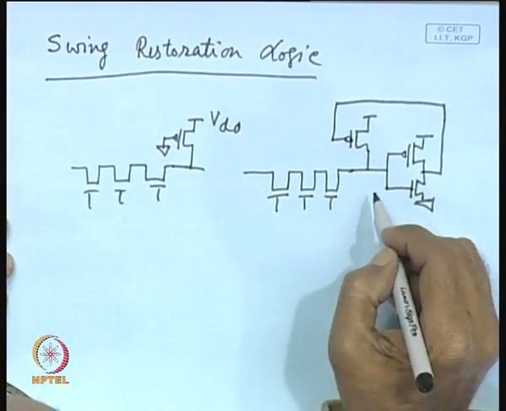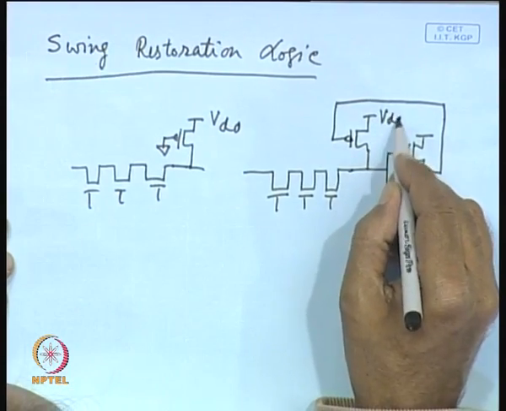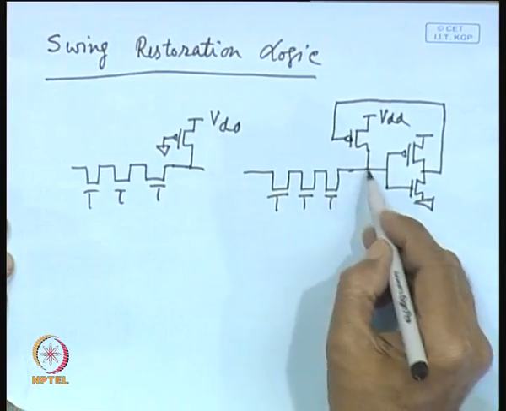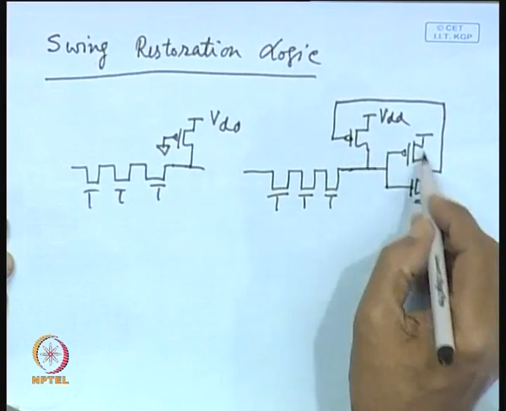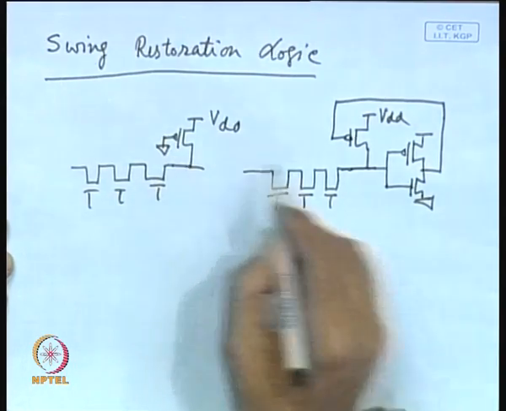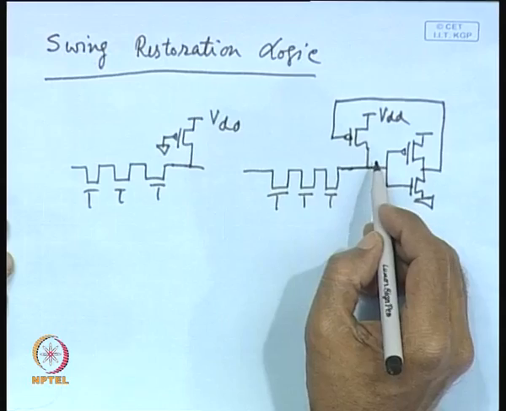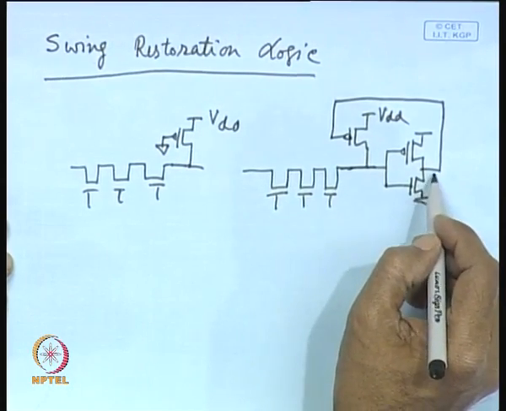So, what will happen? Even if this inverter gets a high level voltage, this is VDD, this weak PMOS will pull the output to the high VDD level. So, this kind of swing restoration logic, either a single weak PMOS transistor or a weak PMOS transistor along with an inverter, can be used to restore the voltage level.